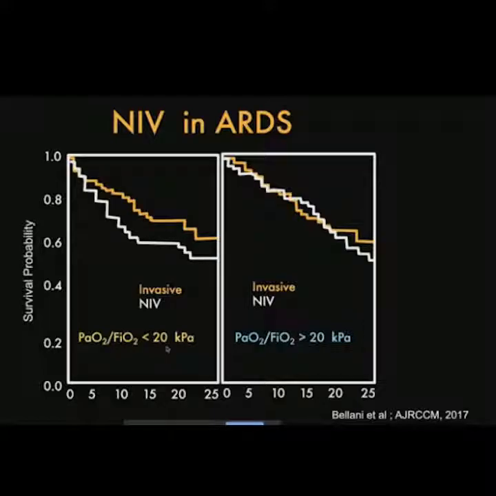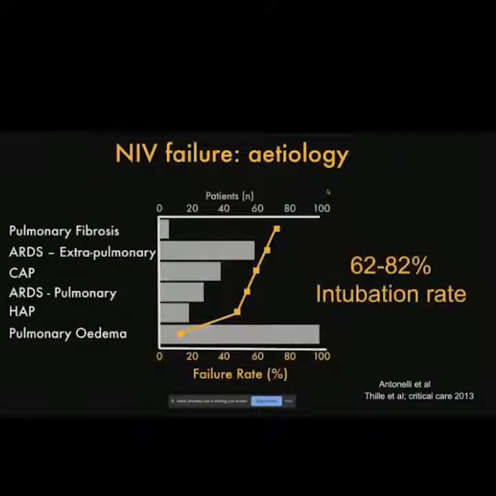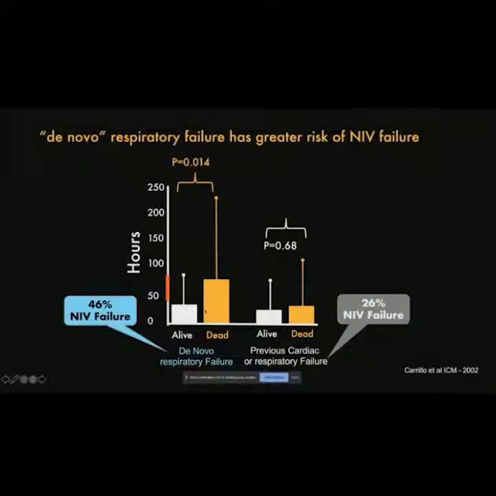He attributed it mostly to the time of intubation. The intubation rate was obviously higher for non-invasive patients, but oftentimes the delay in intubating these patients was greater. That's why there was a higher risk of mortality in non-invasive groups.